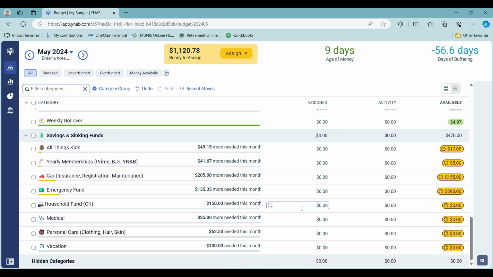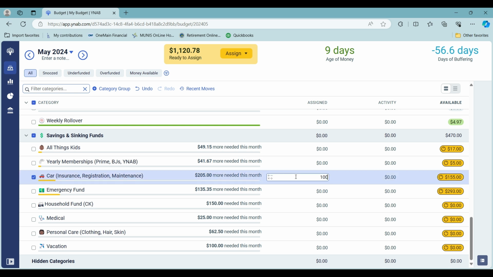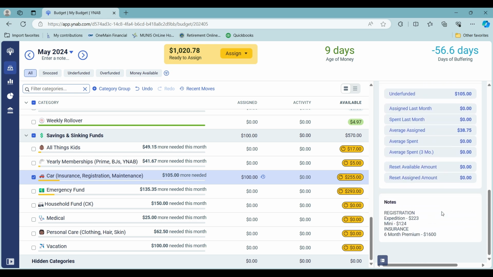One thing that's coming up in the month of May is my car registration for one of our vehicles is due. I have $155 here in the available, so let's put in $100. $255 should be able to get us enough to register one car. The next one is due in June. So let's see.